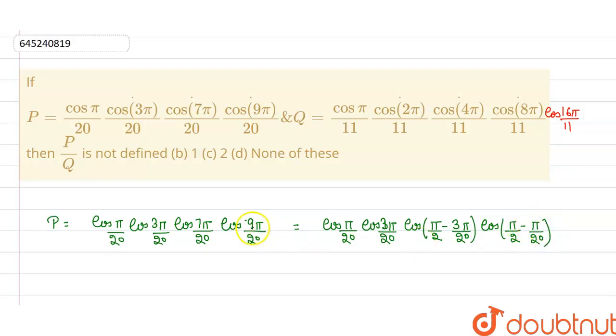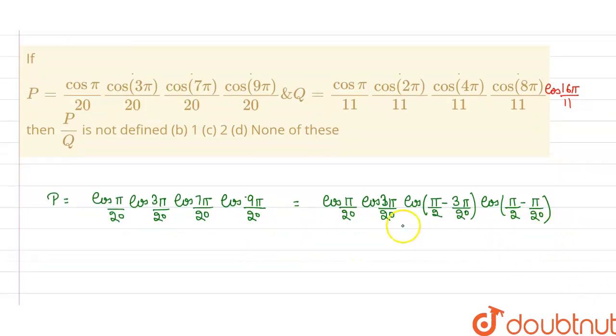I can write my 9 pi by 20 as pi by 2 minus pi by 20. As we know, cos of pi by 2 minus theta is sin theta. So this term will become cos pi by 20, and this becomes sin pi by 20.